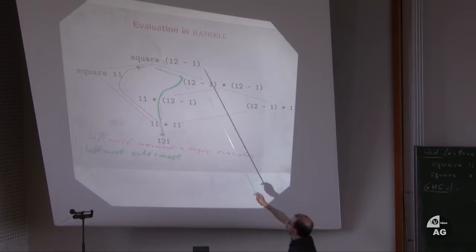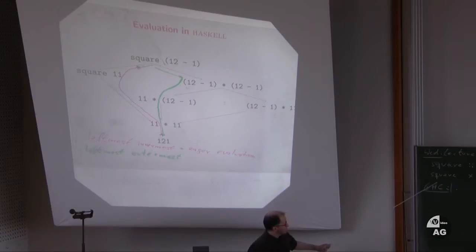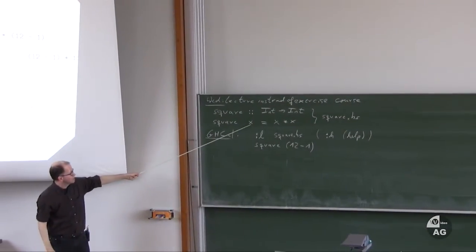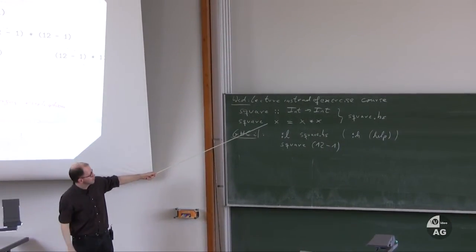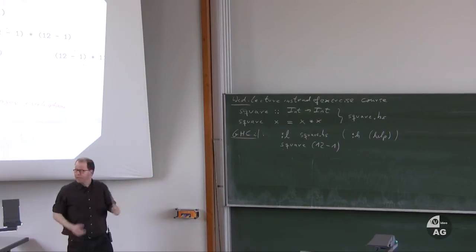We could say, well, let's not evaluate minus, but let's evaluate square. Now that's also possible because to apply this equation, the only thing we have to do is instantiate this variable in such a way that the left-hand side corresponds to the expression that we want to evaluate. So why don't we instantiate x by the expression 12 minus 1, the non-evaluated expression 12 minus 1?